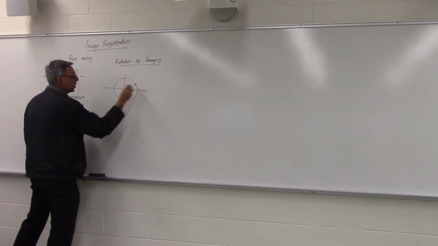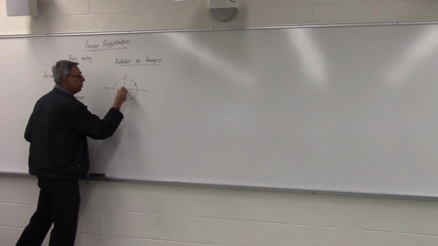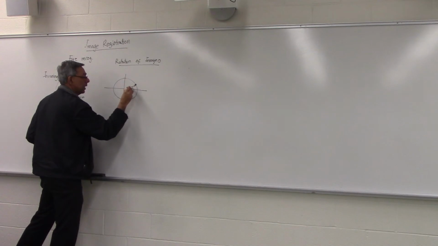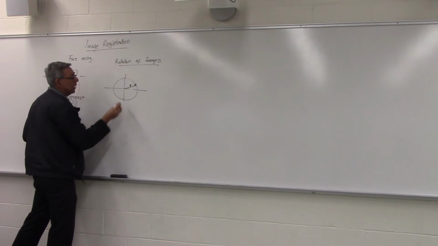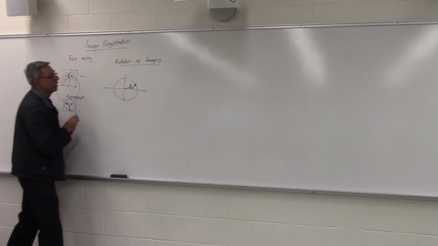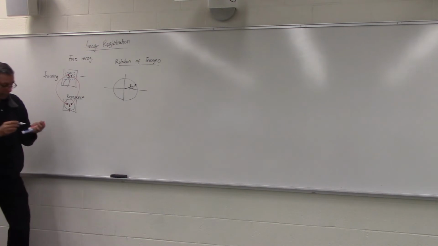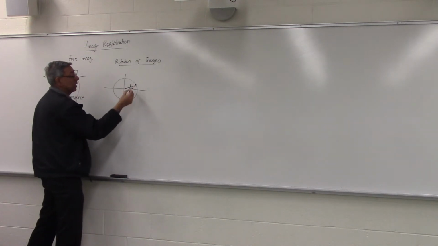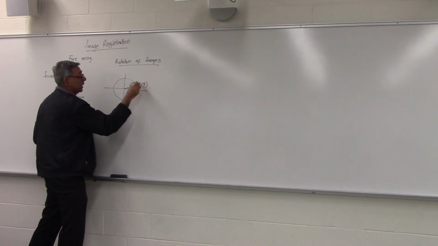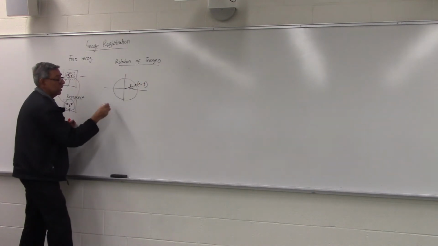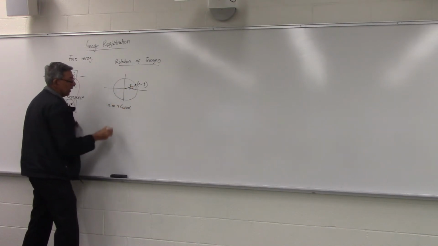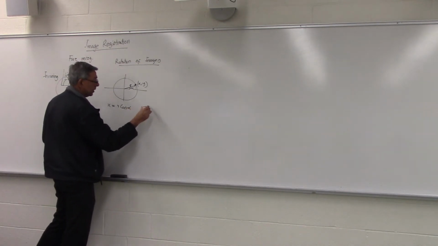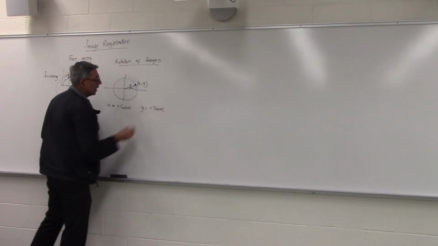Let's say we have a point on a circle of some radius r, at some angle alpha. There's a standard mathematical concept: the x, y coordinates of this particular point are given as x equals r cosine alpha, y equals r sine of alpha.